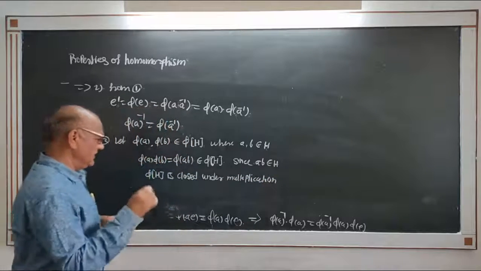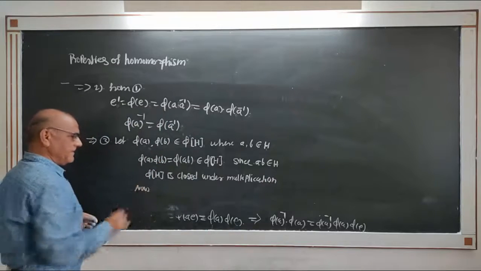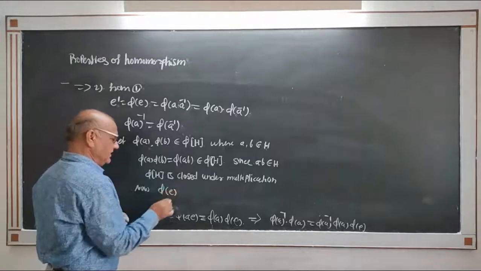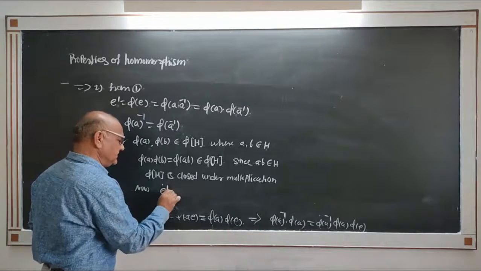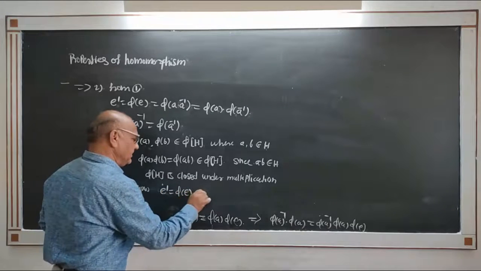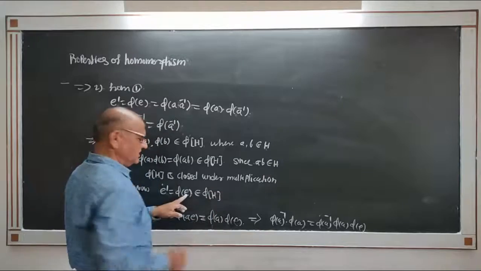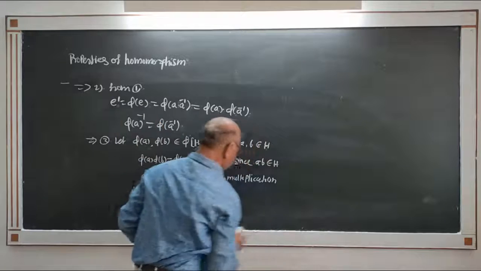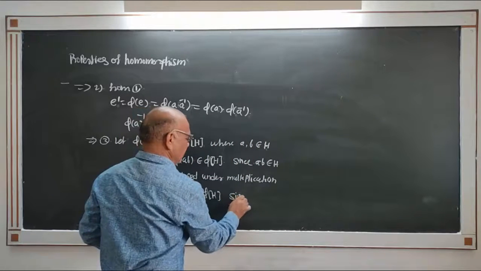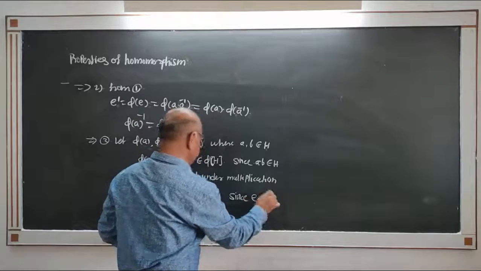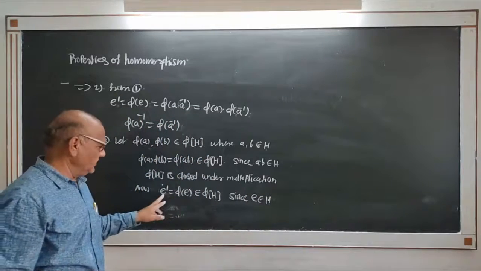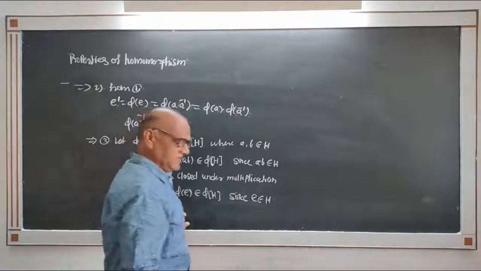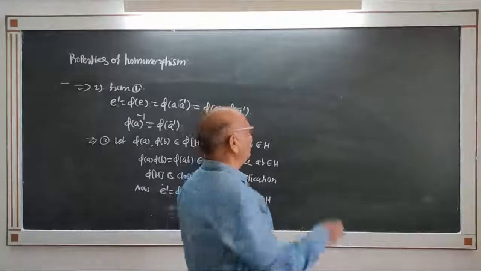Now phi of e, that means e dash, is equal to phi of e. This belongs to phi of H since e belongs to H is the identity. So that means existence of an identity.